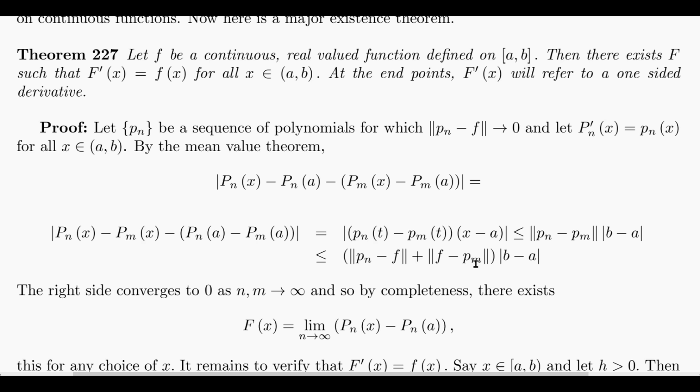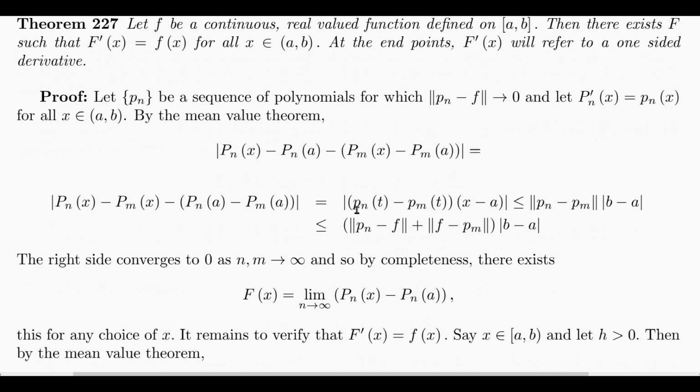Now what does that mean? Well, that means that if I look at this function of x here, the sequence of functions here, that is a Cauchy sequence for each value of x. So that tells me that I can take the limit of this, and that limit will exist.